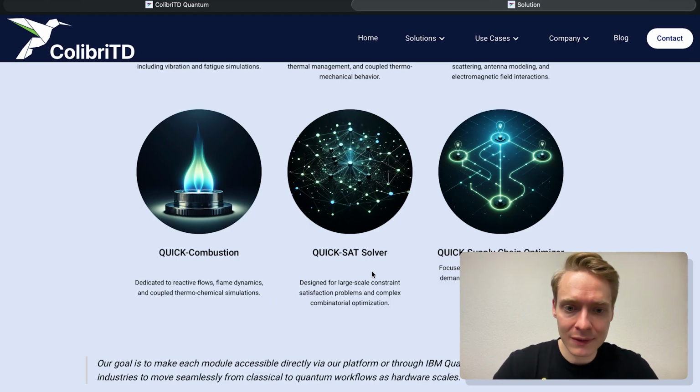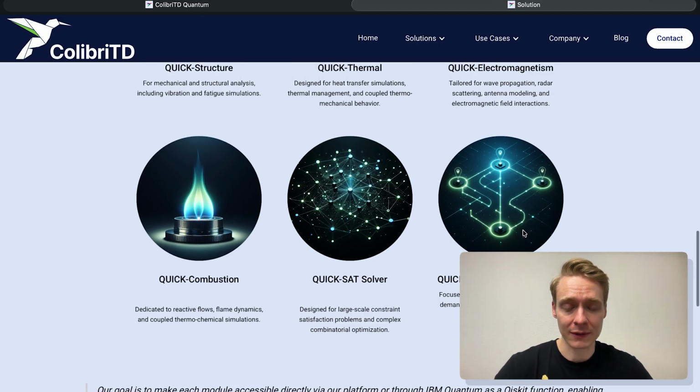The Quick SAT solver, designed for large-scale constraint satisfaction problems and complex combinatorial optimization. So I guess this is like logistics. And the Quick Supply Chain Optimizer, focused on dynamic network optimization, demand forecasting, and resilient logistics planning. So that's also the logistics space.